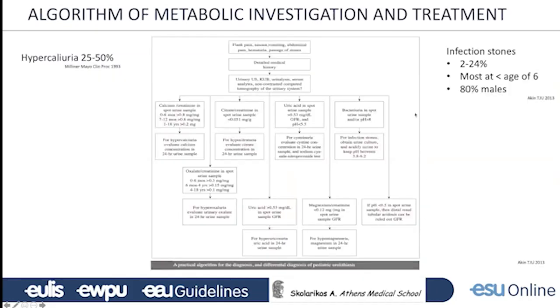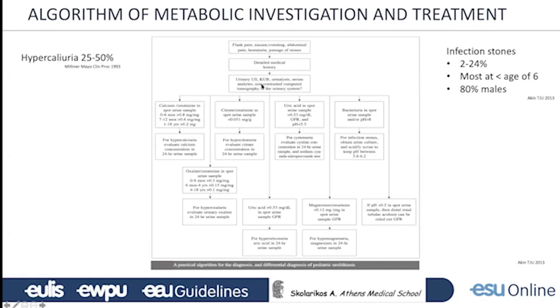To start now with the algorithm, the kid is coming with flank pain or symptoms that are not initially related to a stone, like nausea, vomiting, abdominal pain, or he may present with hematuria or a passage of a stone. Then we take a detailed medical history, like in every disease, and then we do the basic evaluation, blood, serum and urine analysis.